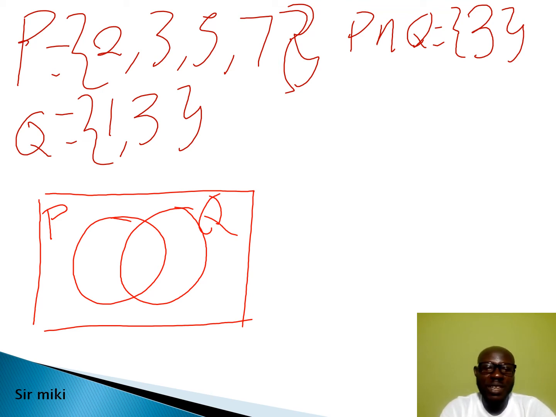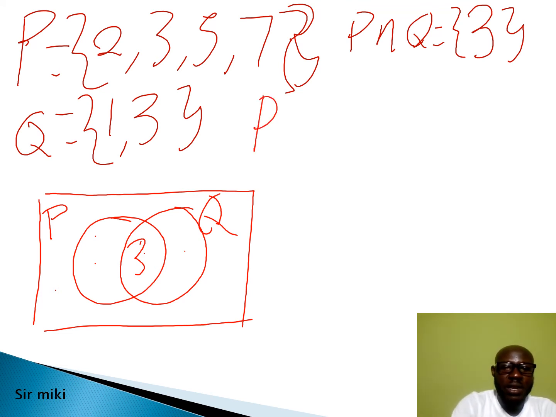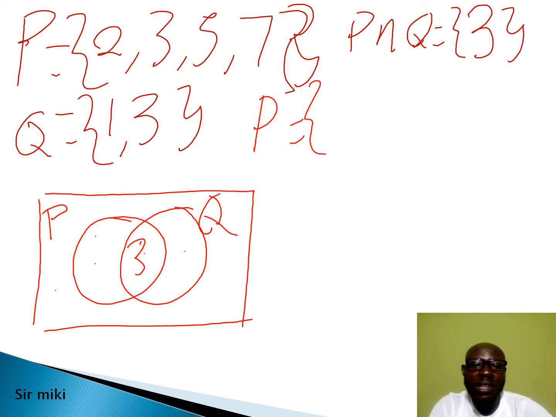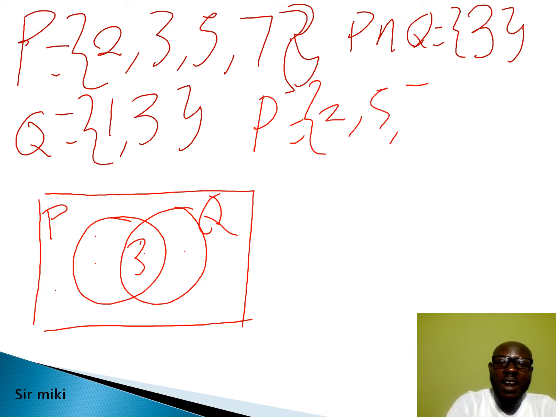That means that if you look at the Venn diagram, it is made up of 4 regions. We have region 1, region 2, region 3, region 4. Now, region 2 becomes the intersection of P and Q. So we will put our 3 here. Now, because 3 is taken out, we can find P only. The elements that will be left after taking out 3 are 2, 5, and 7.